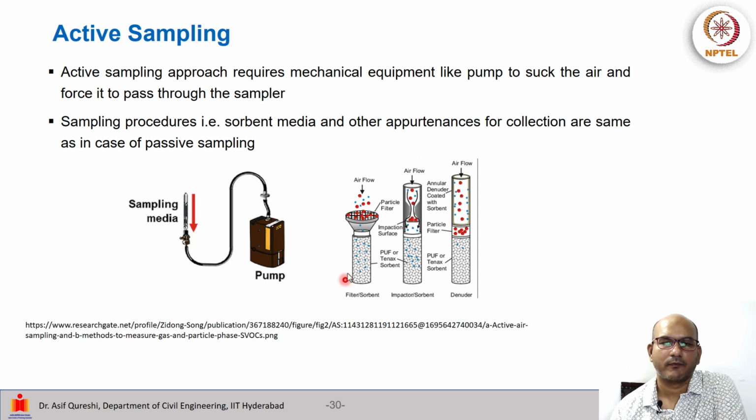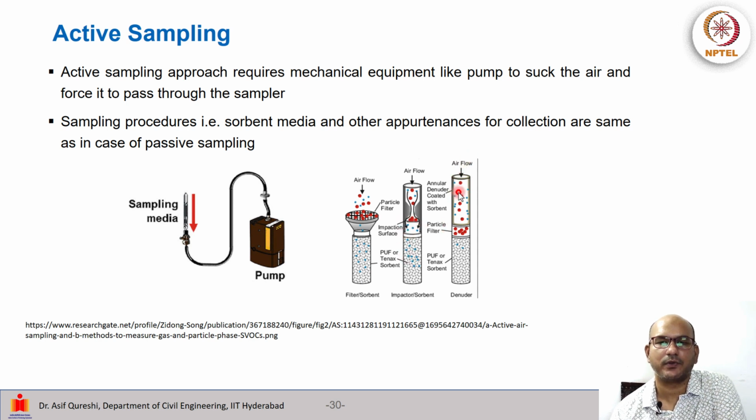So we have the filter or sorbent here, and in this case a particle filter, and we can have different sorbents here. So the air will be sucked through. We can have different means of air flows. So we will have a filter here. Here we have an impaction surface right here.